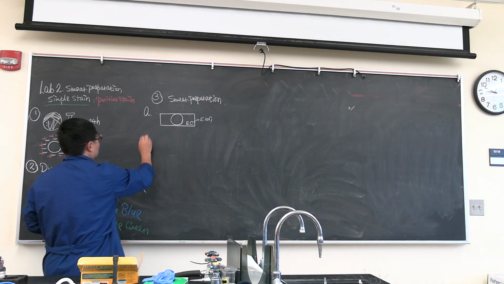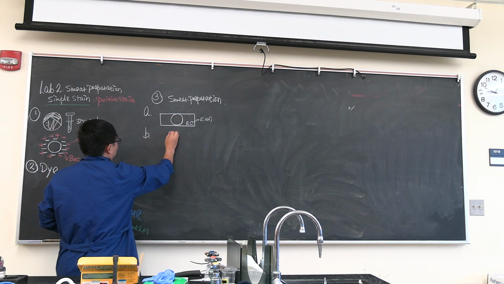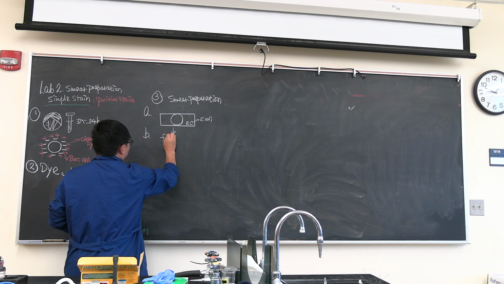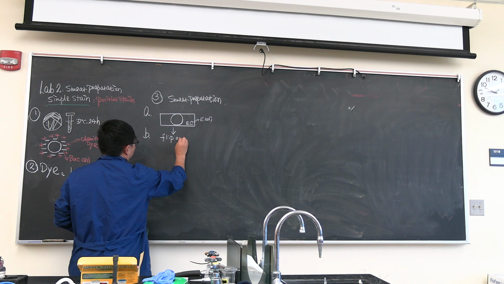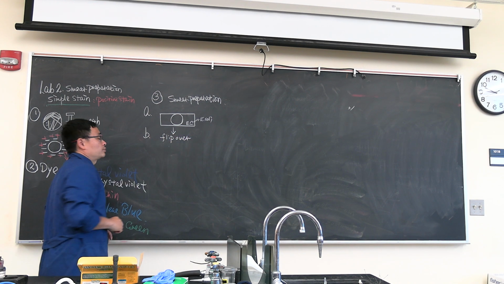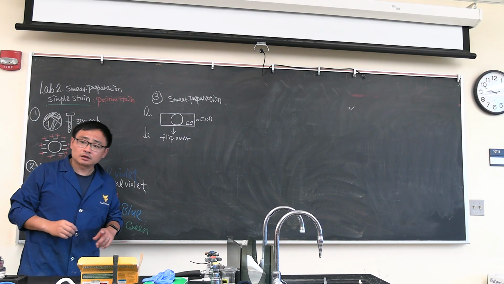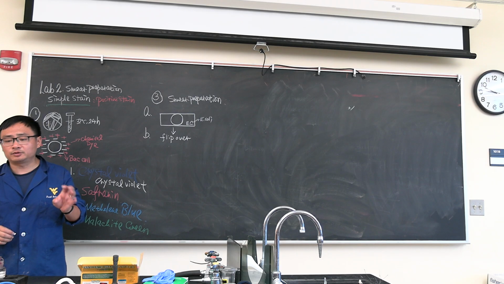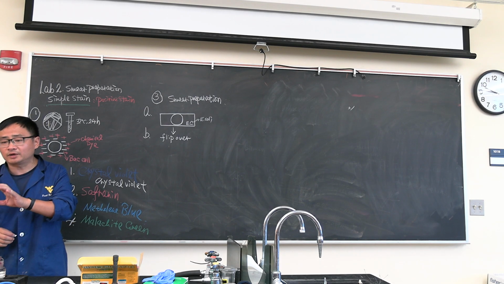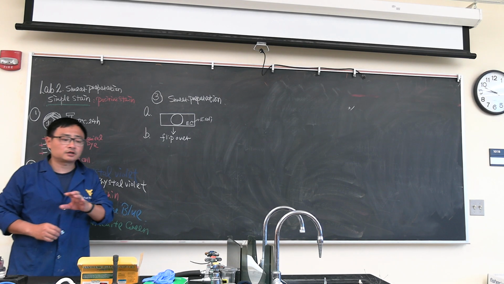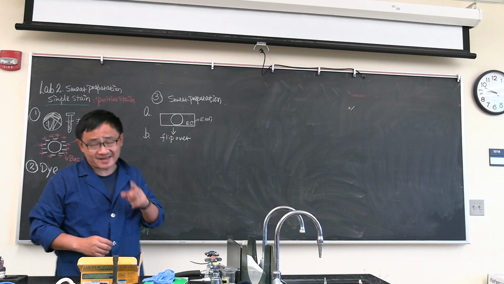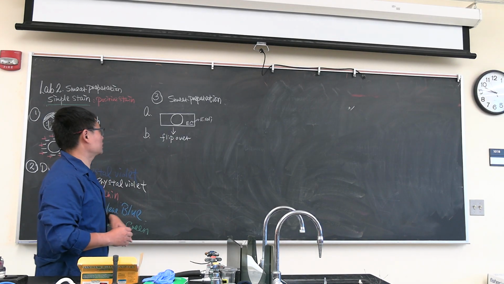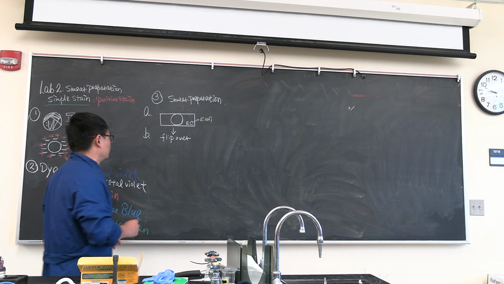Okay, then the second one. This has to be flipped over, because the Sharpie marker, and especially sometimes people using crayon or those types of chemical markers, could damage the lens. So the glass slide needs to be flipped over.